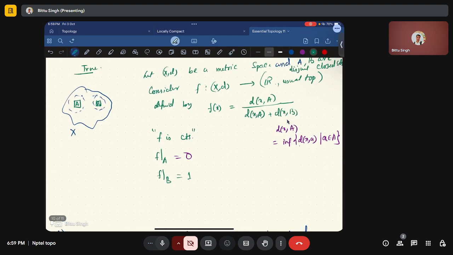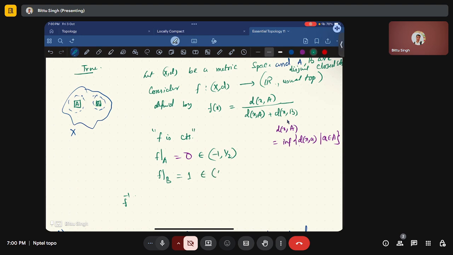Now, so if we assume f is continuous, then observe that 0 belongs to this neighborhood, (-1, 1/2), or (0, 1/2), whatever we take. 0 belongs to (-1, 1/2), this open set.